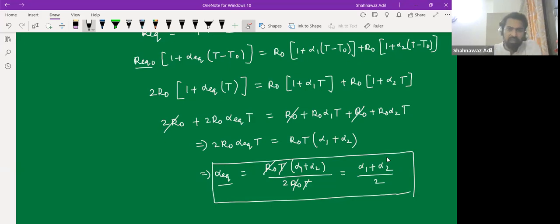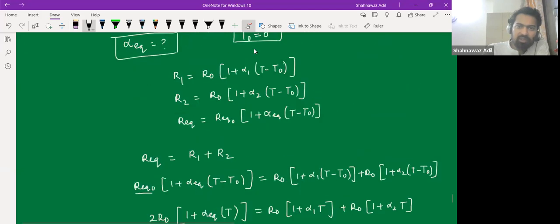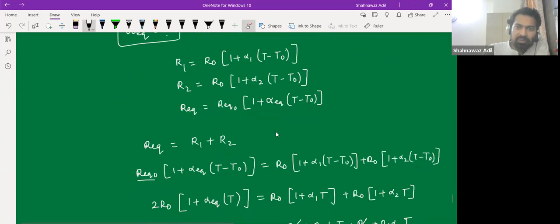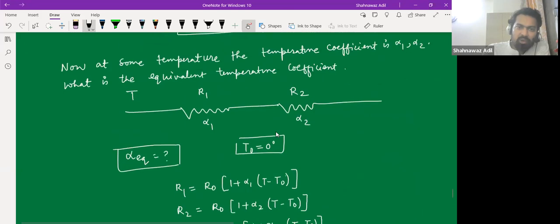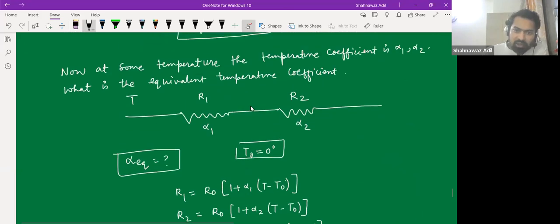Yes. Then please repeat once what you said now. Yeah, so I am saying that you connected two kinds of wire, this one was one kind of wire and this was the other kind of wire. Then you connected them in series, and then you are increasing the temperature.